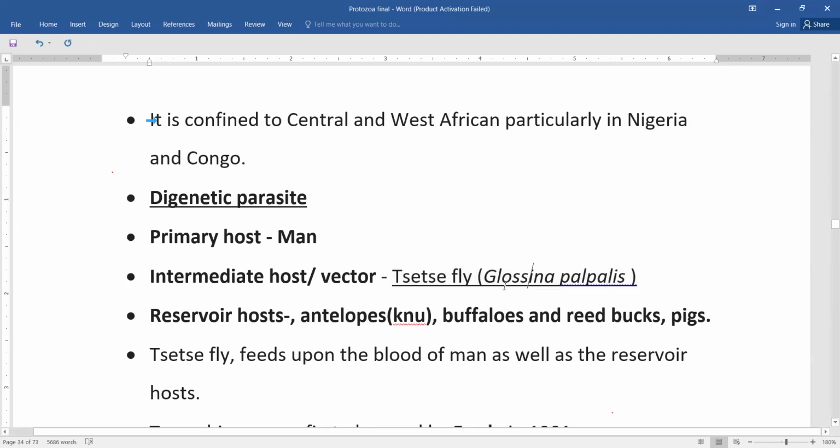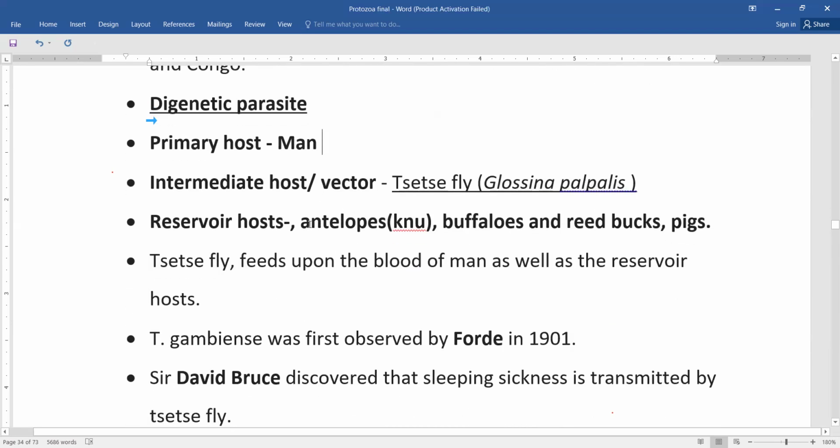Its scientific name, you should remember, is Glossina palpalis. This question was asked almost 10 times in different zoological entrance examinations. So the intermediate host or vector, or secondary host, of Trypanosoma gambiense is the tsetse fly or Glossina palpalis. Its reservoir host is also present.